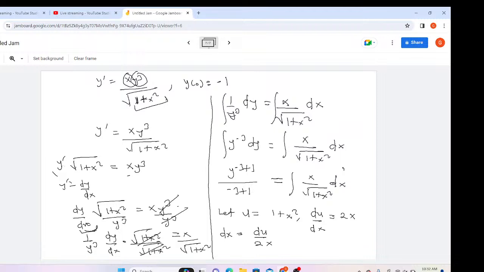Yes, 2x is just 2 times our x. So if yes, then I can use a substitution. That's why I went ahead to say let u equal 1 plus x squared. Then I will put dx equals du over 2x back here. So let me clean this part so that it becomes visible for us to see.